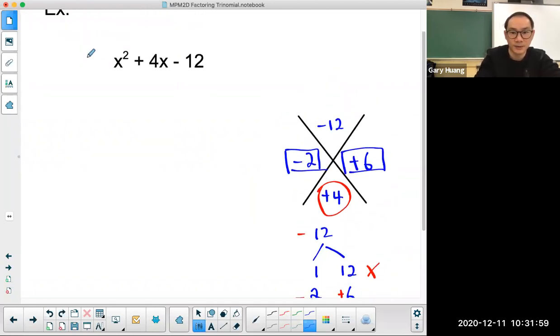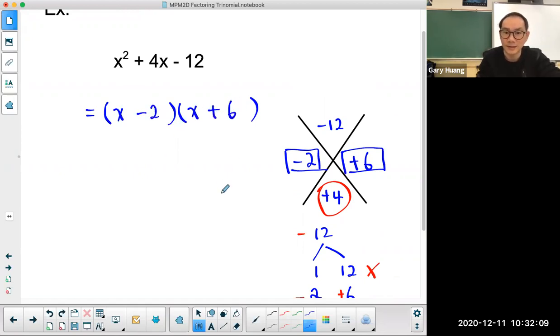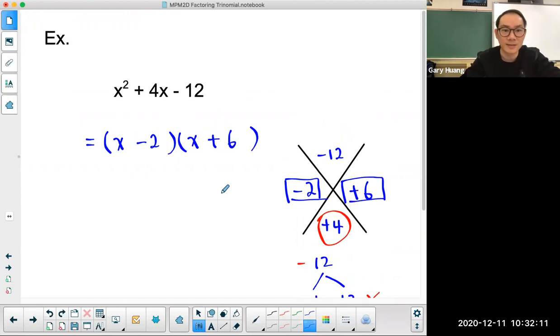So simply write out the answer then. Two brackets, x in the front, because that's how you get x squared, minus 2 in one bracket, plus 6 in the other bracket. So this is how you factor a simple trinomial in the format of x squared plus bx plus c. Thank you for watching.